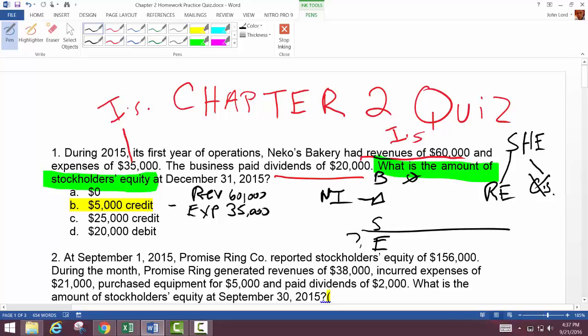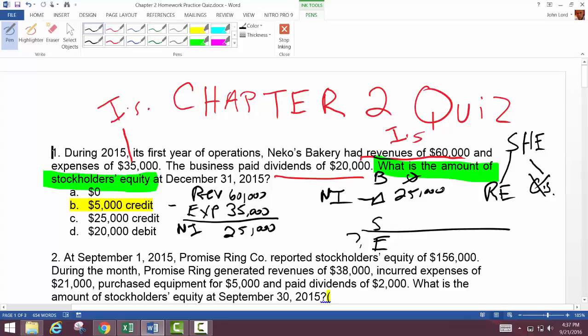Good. That difference is going to be what? 25,000? So my net income ends up being $25,000, doesn't it? Well, that's an add to my retained earnings, right? I'm going to retain my earnings, so I'm going to add that in, 25,000. With me so far? Yeah.